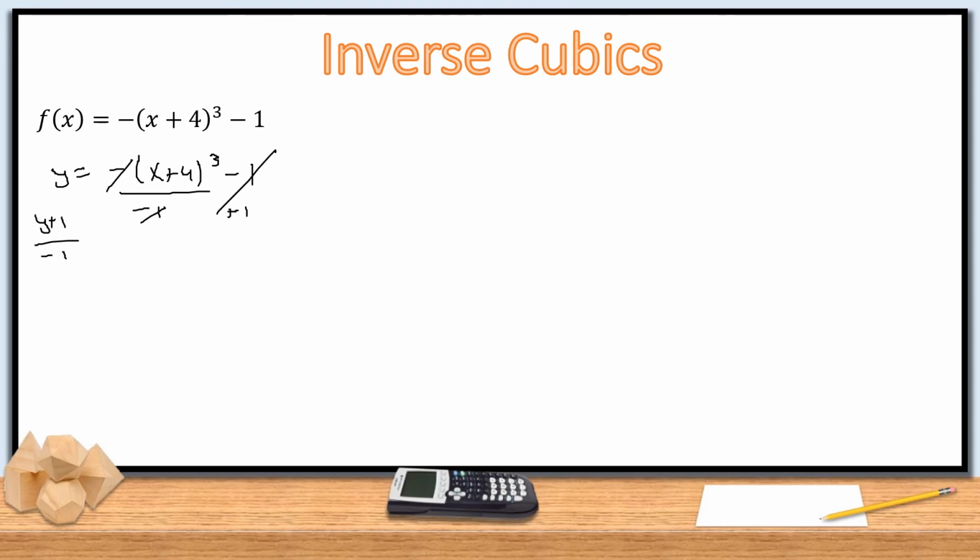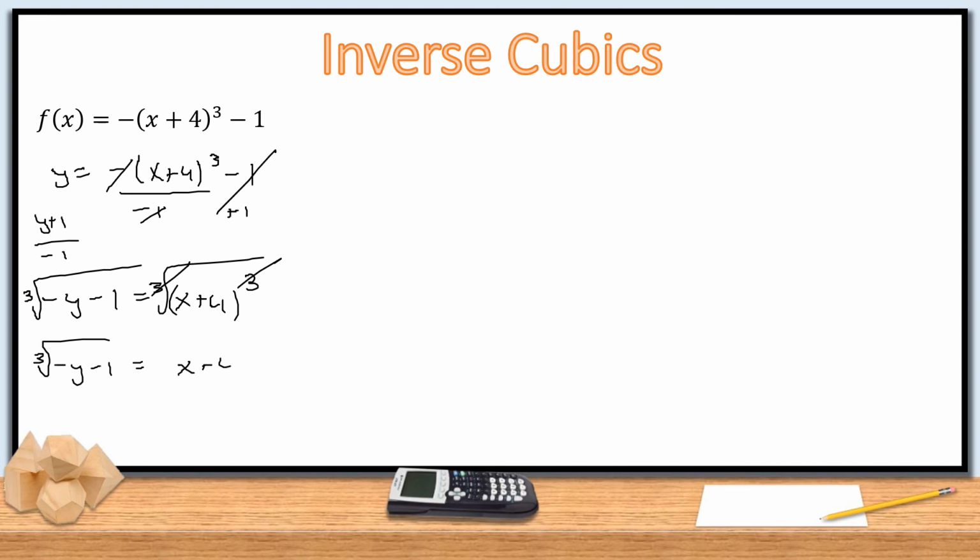So we've got (y plus 1) divided by -1, which simplifies to minus y minus 1 is equal to (x plus 4) cubed. Then we do our cube root of both sides to get that to cancel. So we get the cube root of (minus y minus 1) is equal to x plus 4. We're going to subtract 4 from both sides. So it's going to be the cube root of (minus y minus 1) and then minus 4.